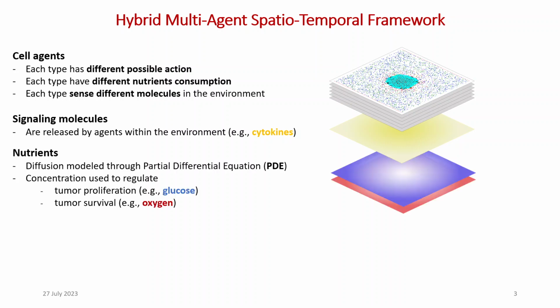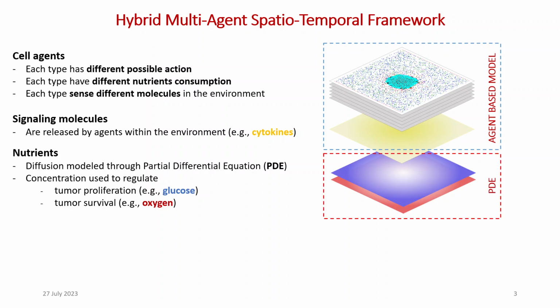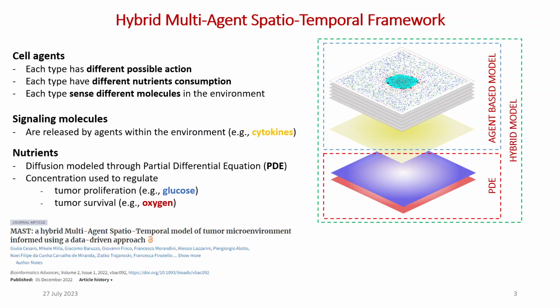The nutrient layer, where diffusion is modeled through partial differential equations and their concentration is used to regulate aspects like tumor proliferation and survival. Among the different layers discussed above, the first two blocks compose the agent-based model, while the last block composes the PDE-based model that, once coupled, leads to our hybrid model, MUST.